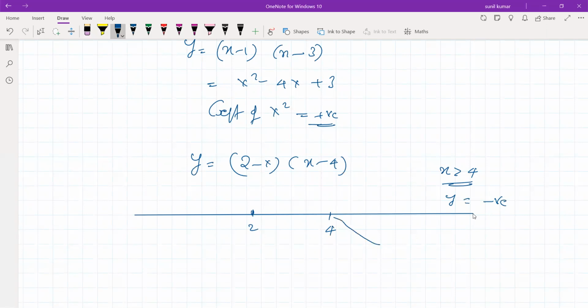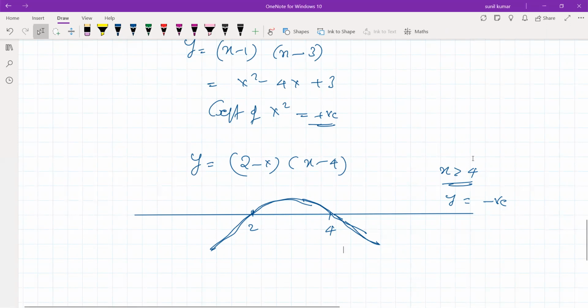This is also parabolic in nature, but the graph is coming downward. Whenever x is greater than 4, we are getting it like this.